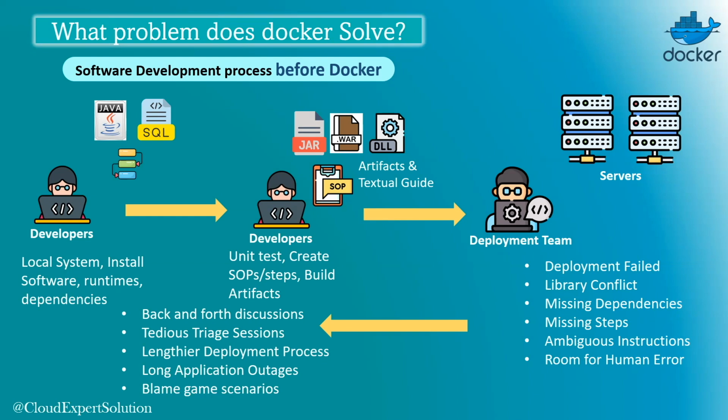As a result, tedious triage sessions, as debugging any issue in production or stage servers, where the development team will not have access to validate configurations, is difficult. As a result of that, we face a lengthier deployment process, long application outages, and last but not least, blame games between the teams.